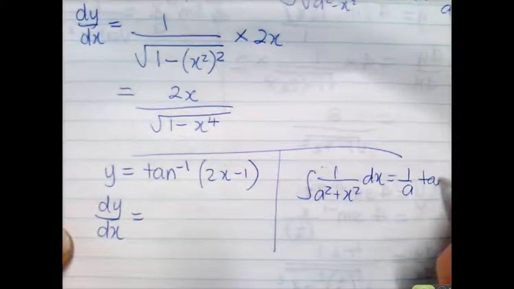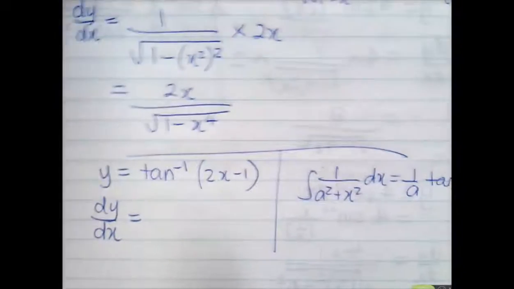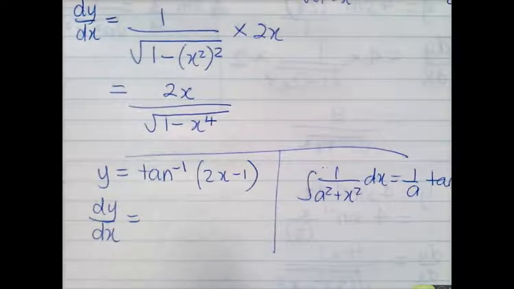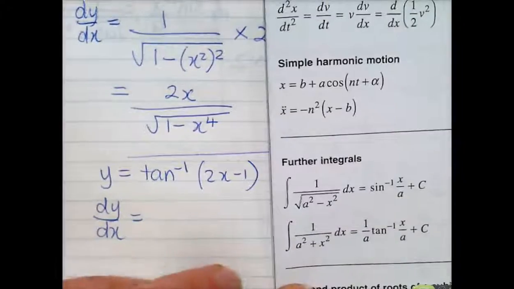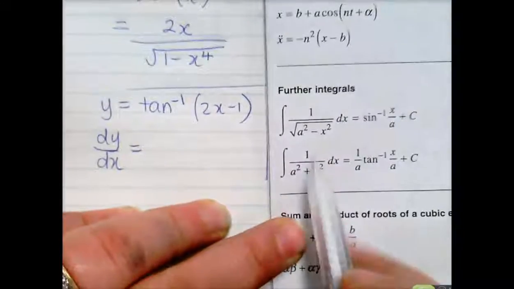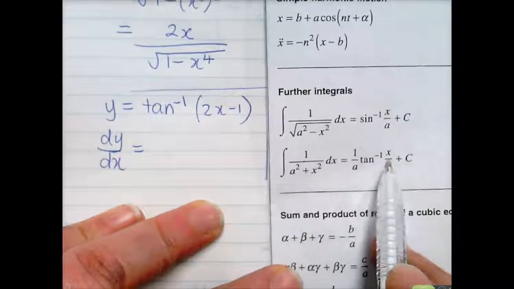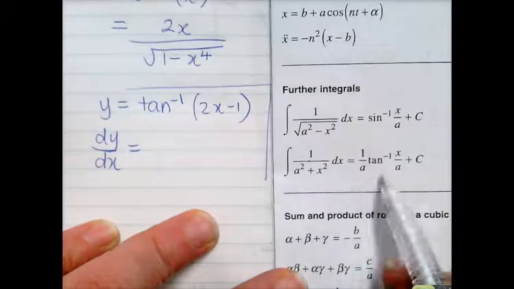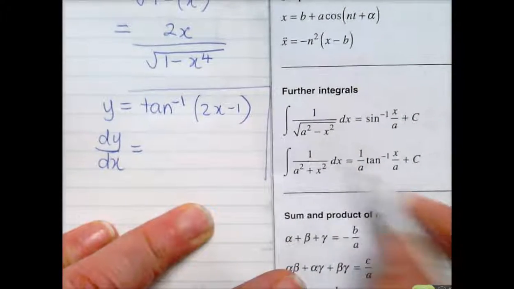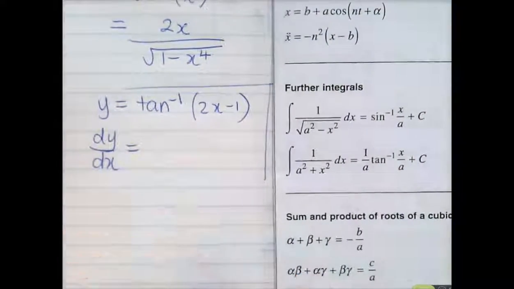But why does it look like that's integrating? Because if you're given an integral, you're automatically given the derivative. If you integrate that, you get that. And if you differentiate that, you get that. So girls, what am I going to do with this?